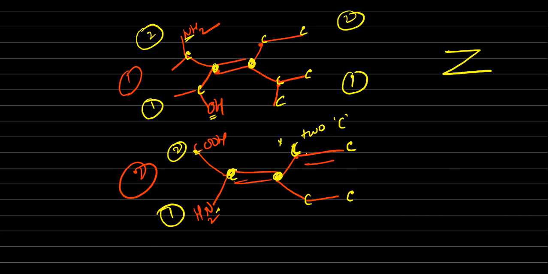Are you getting? This star carbon is connected with two carbons. Actually it is only one carbon, but two bonds are there, that's why we have to consider two times. Okay, one carbon we have to count twice, okay? Here only one carbon is there. So right, now which is the more preference? Yeah, this is the first preference, this is the second preference. So 1 opposite is there, that is E.